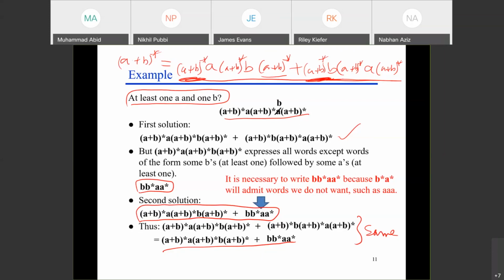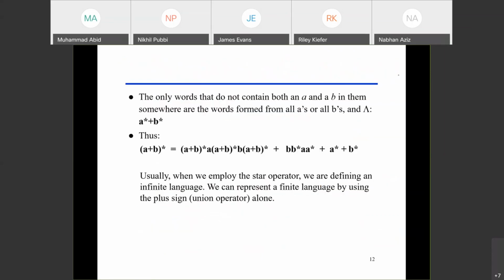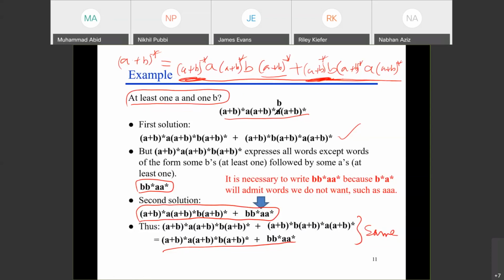So now my question is, what are the missing terms in this big regular expression you see, that you can add, and then it will be equal to this A plus B whole star.